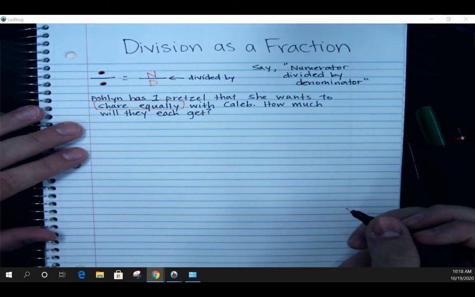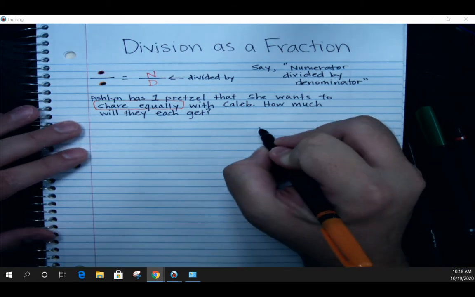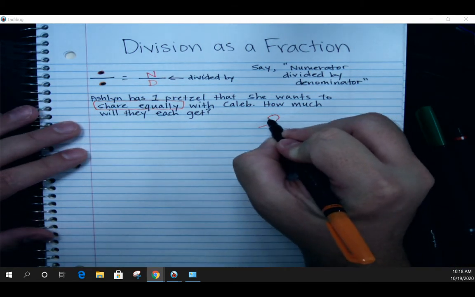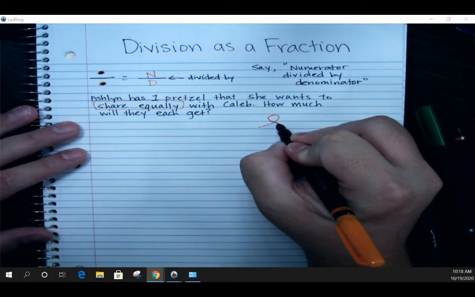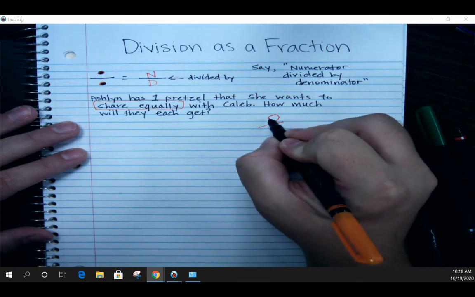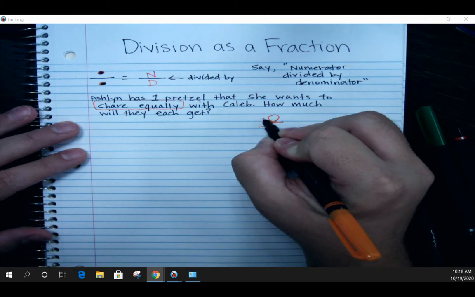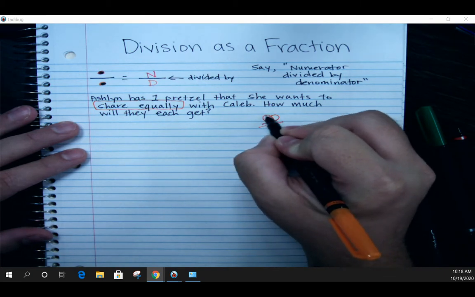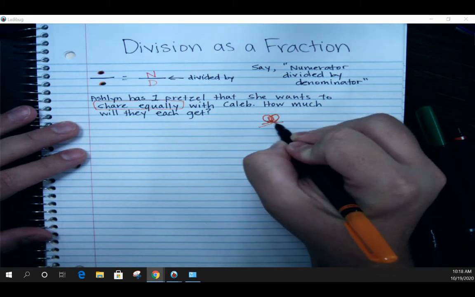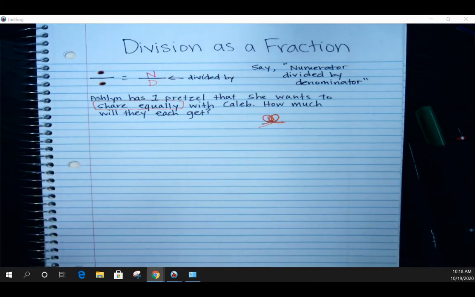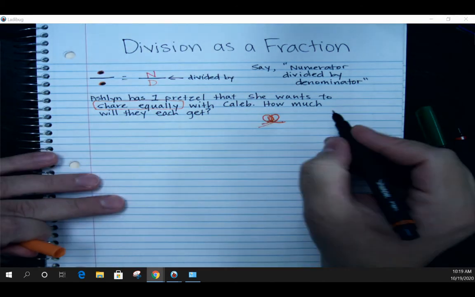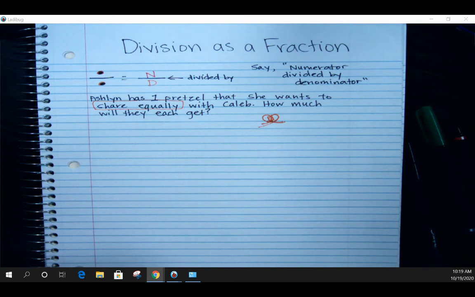Now, I'm no artist, but I'm going to draw a pretzel. If you can't draw a pretzel, just draw a circle. So there's my pretzel.